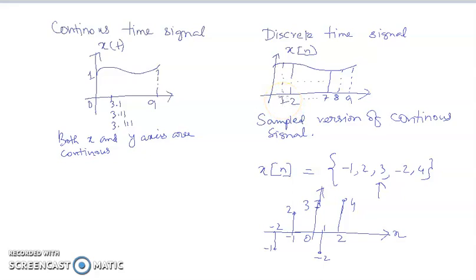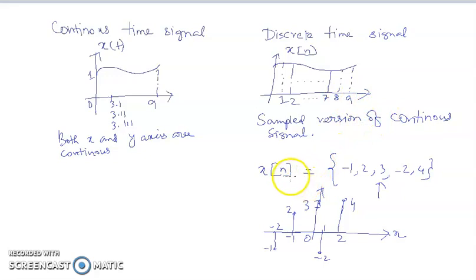So we get a sample of x(t) after every 1 second, at 1 second, 2 seconds, and so on, getting some magnitude or amplitude of the signal x(n). These values of x(t) at discrete time instants, the sequence of these discrete values, are called a discrete time signal.